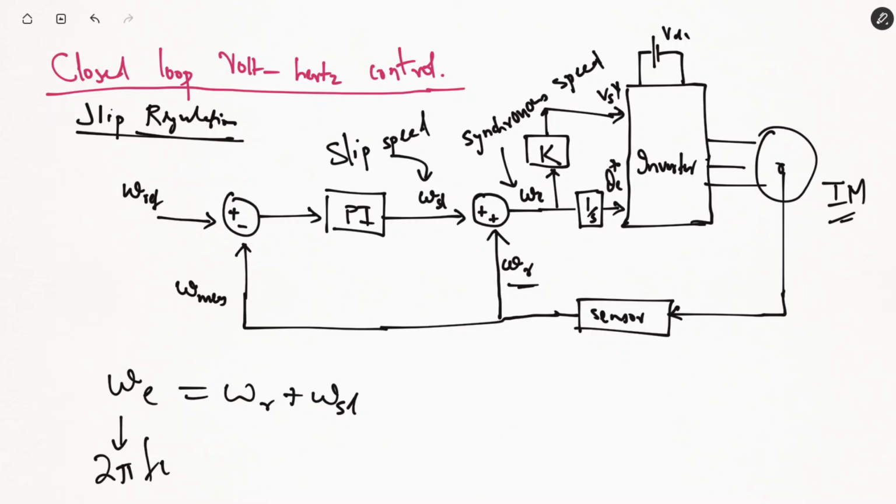So in neither of these two cases were we bothered with the flux control of the induction motor. In both cases, the ratio V by F was constant. That means our flux will remain constant in both these cases.